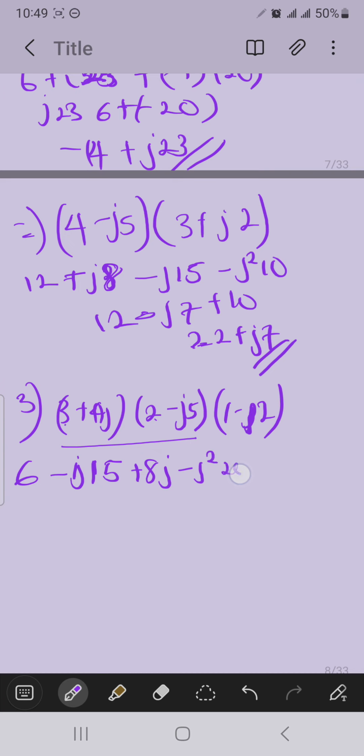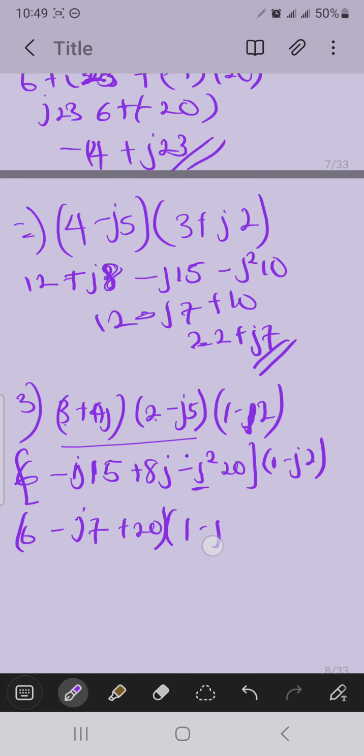I have now 20 into bracket 1 minus j2. So this one is going to be 6 into bracket 15 minus this minus j7. You know this one is going to be minus 1 times minus 1. So this one is going to be plus 1 plus 20 into bracket 1 minus j2.